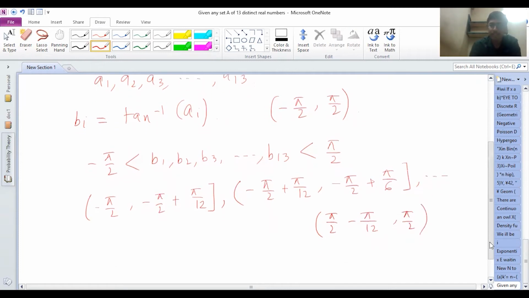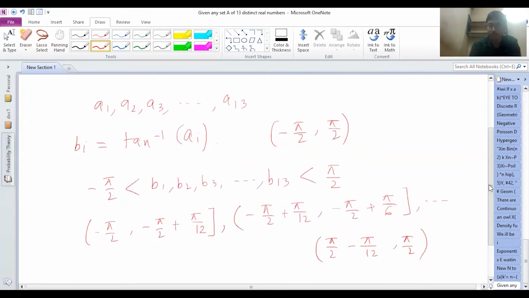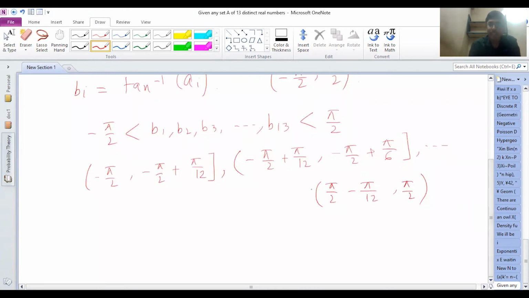These are the 12 intervals that I have divided my larger interval, minus pi by 2 to pi by 2, both open, into. Now we have 13 numbers and 12 intervals.